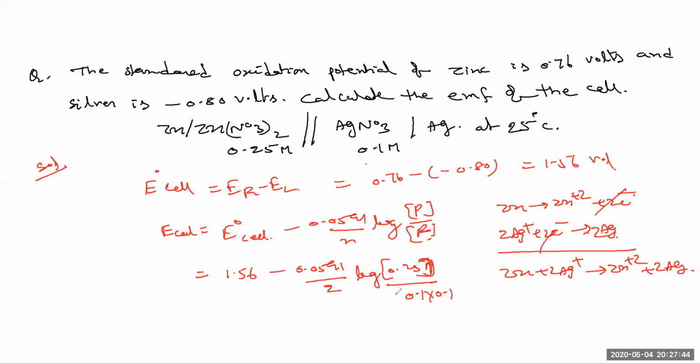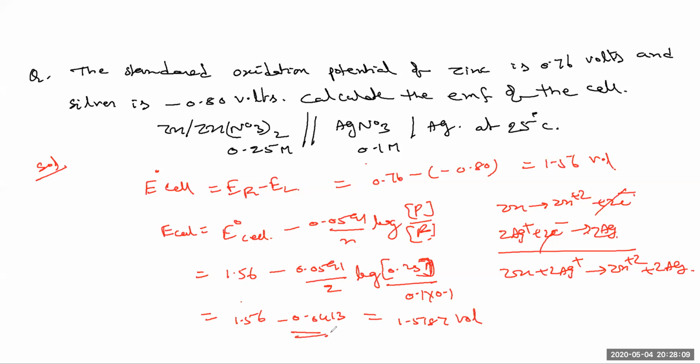So 1.56 minus 0.0413, finally subtracting, gives 1.5187 volts.